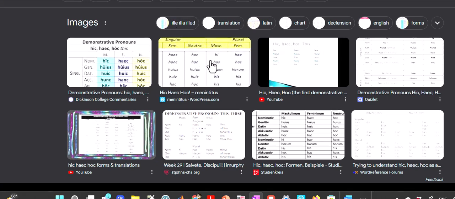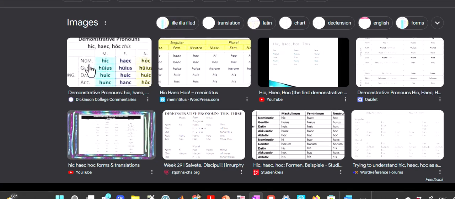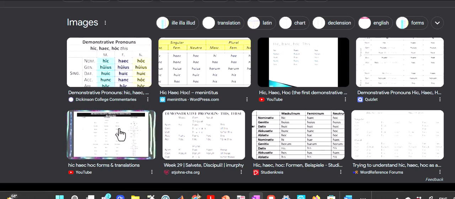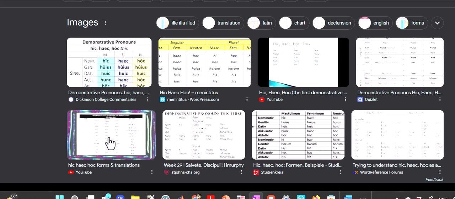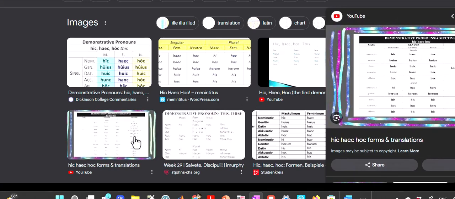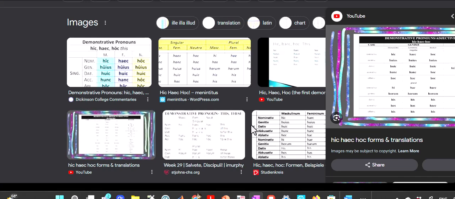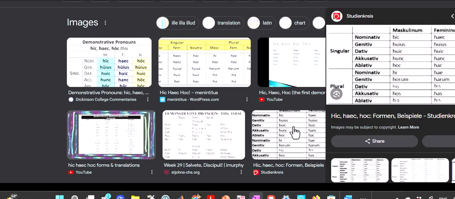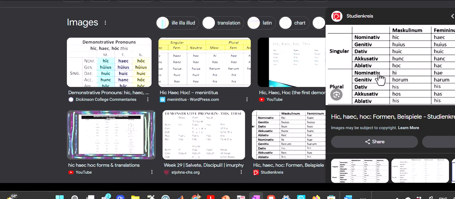Look at everything that we can find here. You'll see that some people have the long i in hic because theoretically sometimes hic is scanned long in poetry. I don't know that I see that often. I learned it as short, and I'm sticking with that.